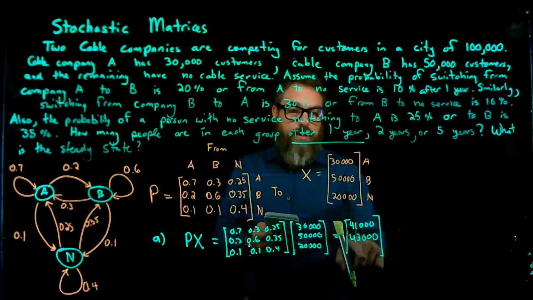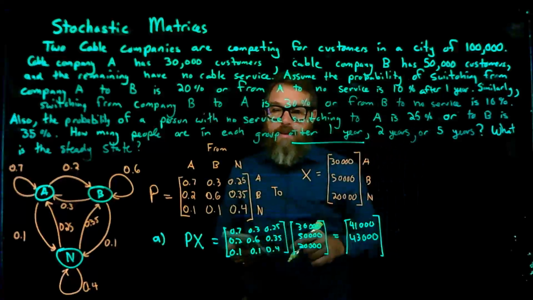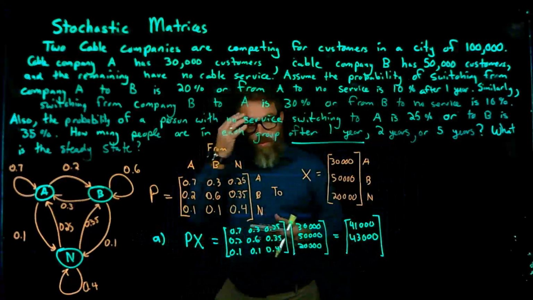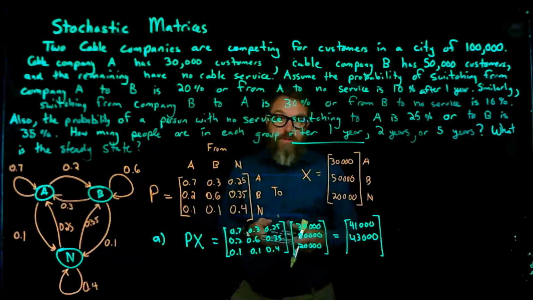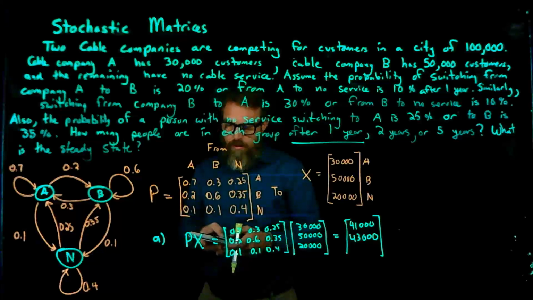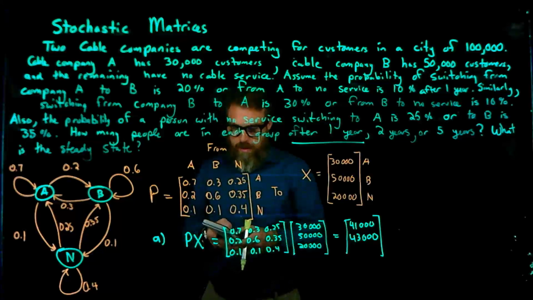And what you'll notice is, remember, the sum is going to have to equal 100,000. So this number is already kind of predetermined here. We have 84,000, so this better be 16,000. So let's check. 0.1 times 30,000 plus 0.1 times 50,000 plus 0.4 times 20,000. And there we have 16,000.